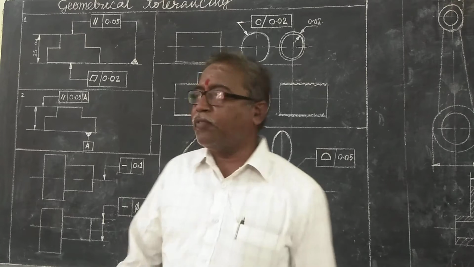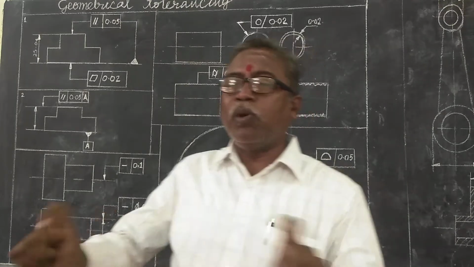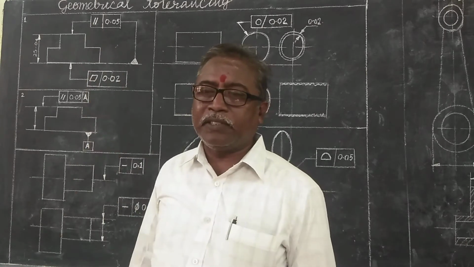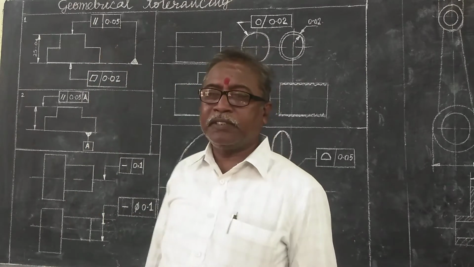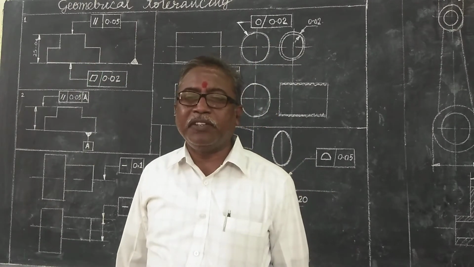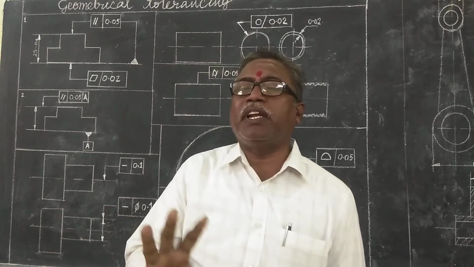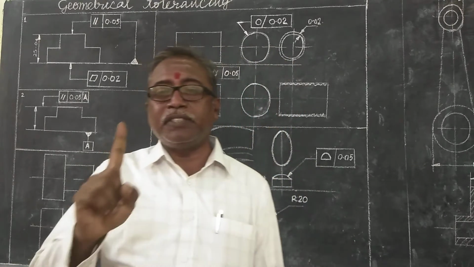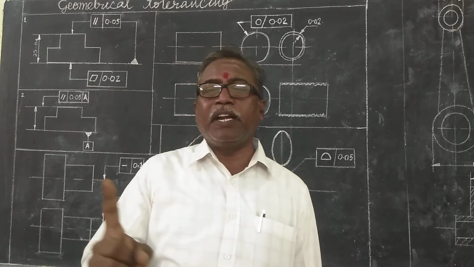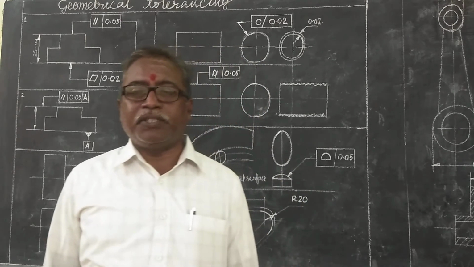That means one frame is here, one block like. In that, what is given? The symbol is given, the variation is given, the surfaces are given where you are going to maintain. So these tolerances are made into three groups. One is the form. Second is the attitude. The third one is the location.